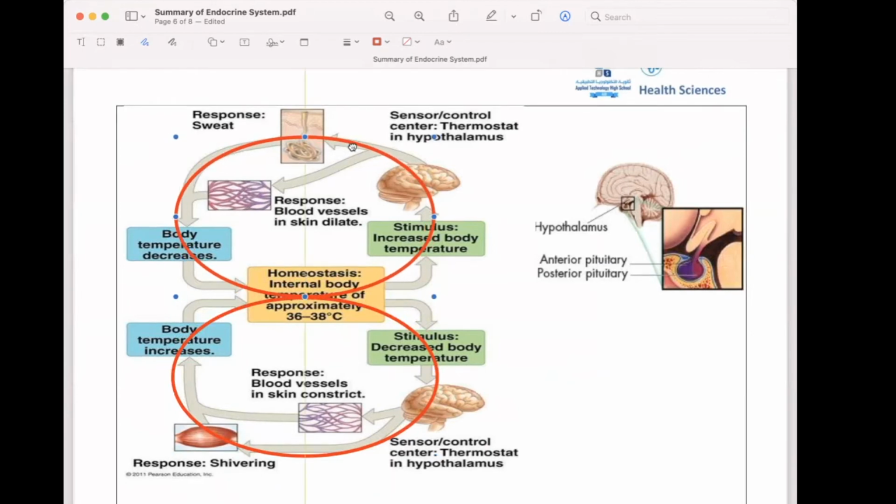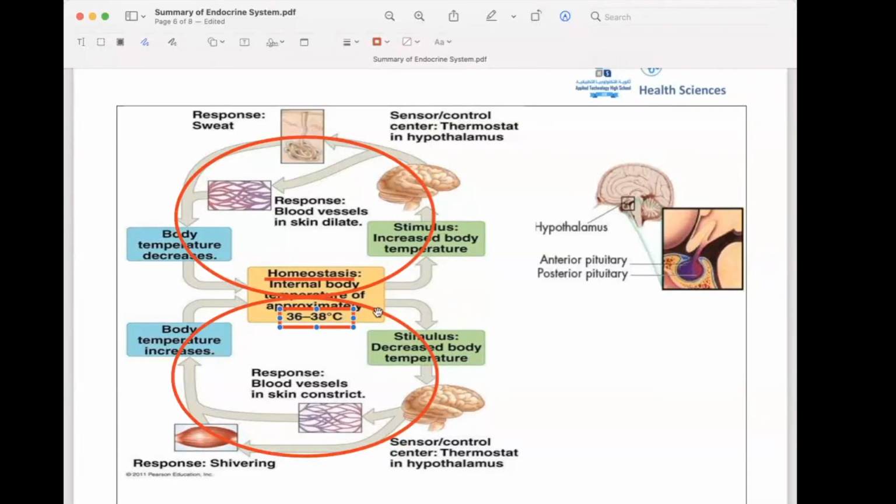Which feedback mechanism is this, negative feedback or positive feedback? The one above is negative. Yes, it is all negative feedback mechanism, because the conditions are coming back to normal, and this normal is called your set point. There is a certain specific set point in your body.